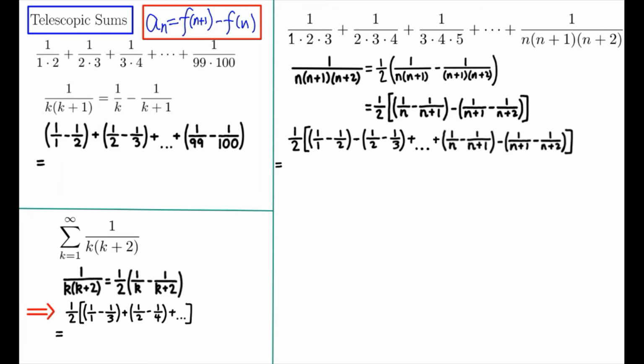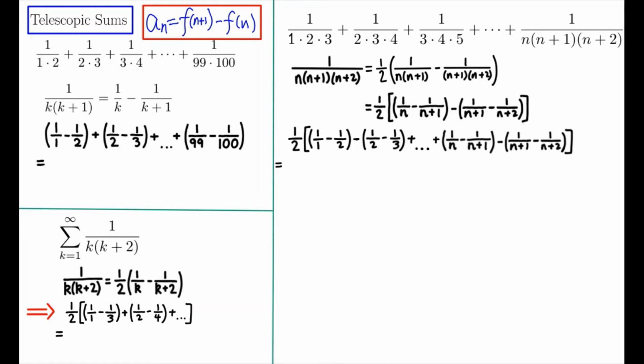Since this has the same formula, we can put the value into here. So we get 1 divided by 1 minus 1 half, plus 1 half minus 1/3, all the way to 1 divided by 99 minus 1 divided by 100.